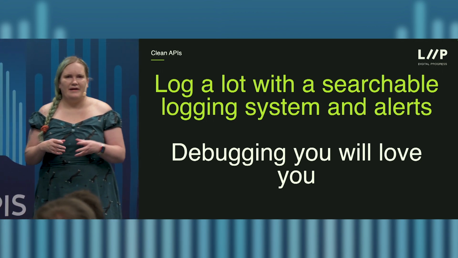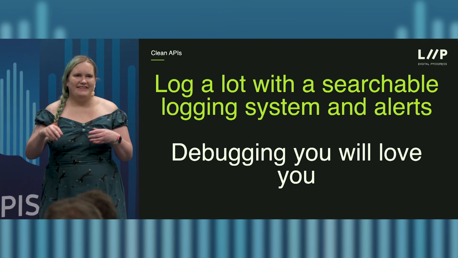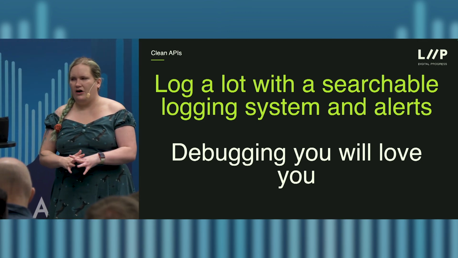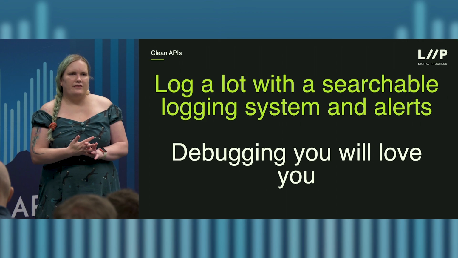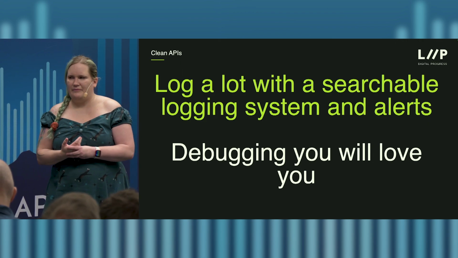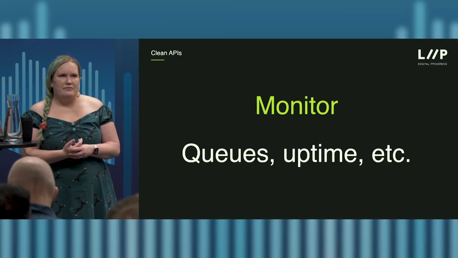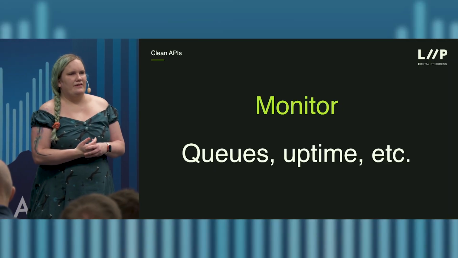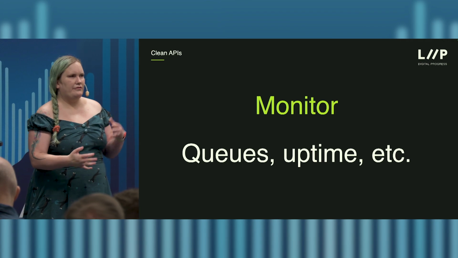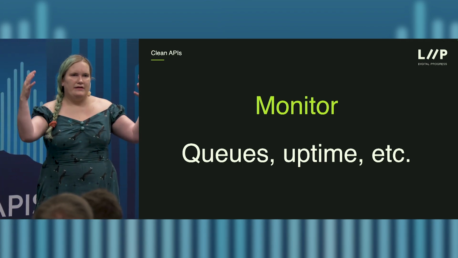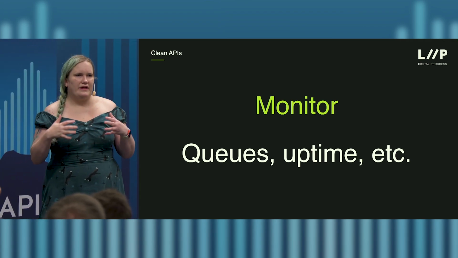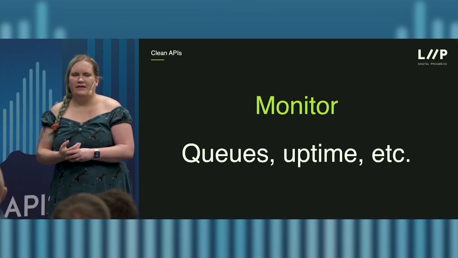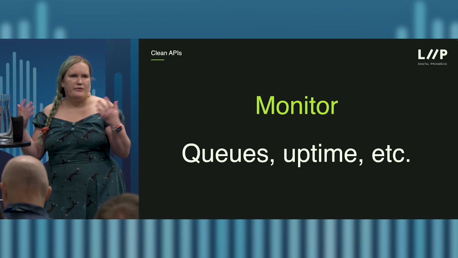So every time I wanted to check something, I had to SSH in, I had to check the logs, and it was hell. So a searchable logging system is a must-have for an API to survive this long. And monitoring the data queues, sometimes we forgot to check how big the queues were. So make sure that you have alerts that alert you in an appropriate place.